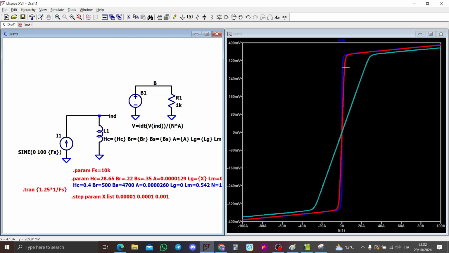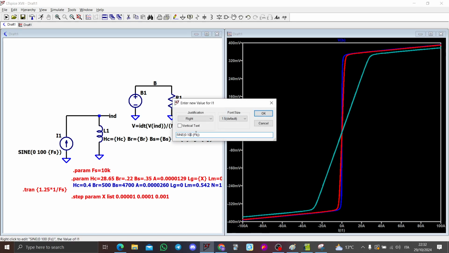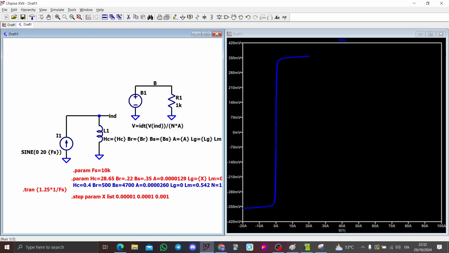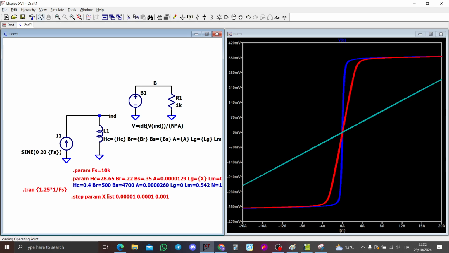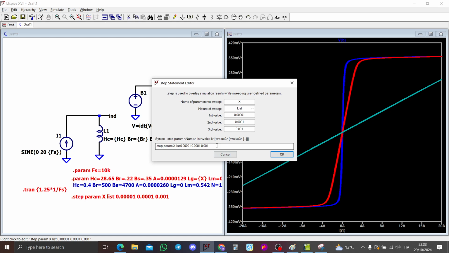Wow. So even to 20 amps. Wow. That's interesting. That's very interesting. So this is very, very interesting, guys.